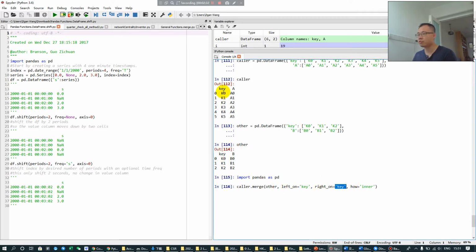Since the two variables have the same name key, you actually can use on equals key, not these two. I just want to explain what they mean.